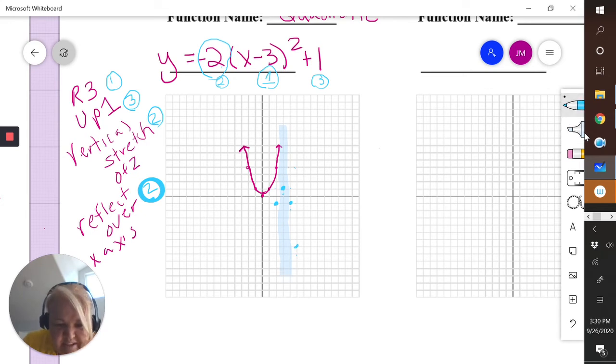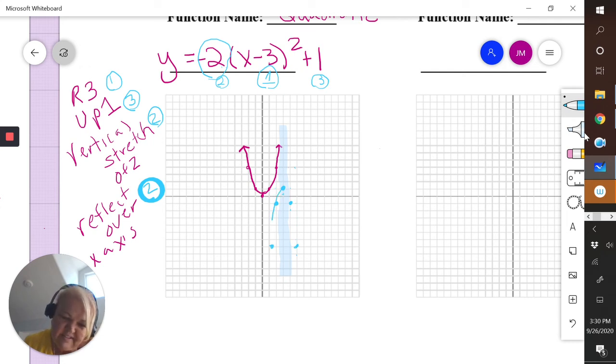So that point's 1, 2 to the right, so this point's going to be 1, 2 to the left. So it's right there. So you can use a little bit of symmetry if you want to just graph one side of the parabola and use symmetry to get the other. You can do that too.